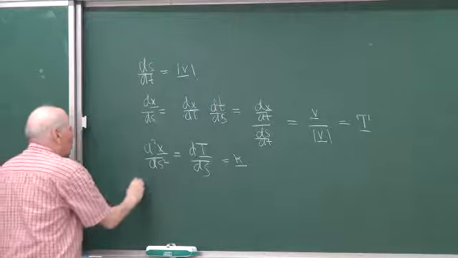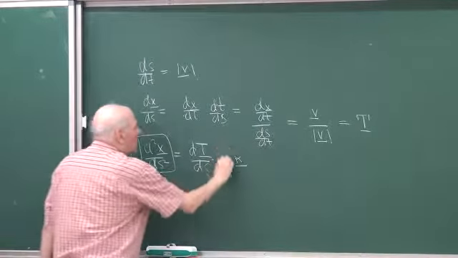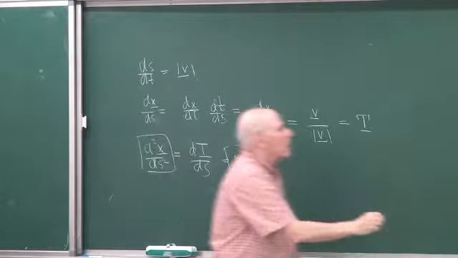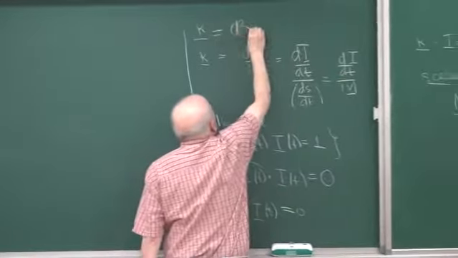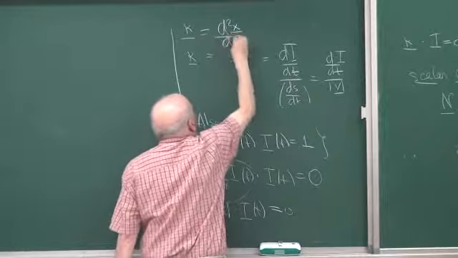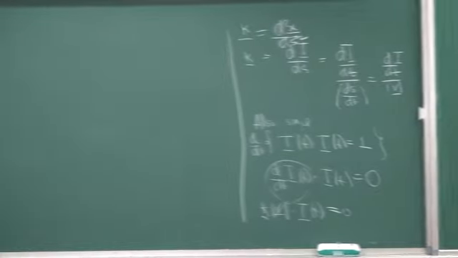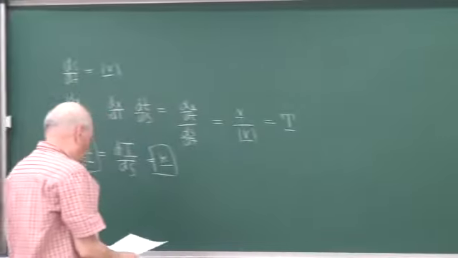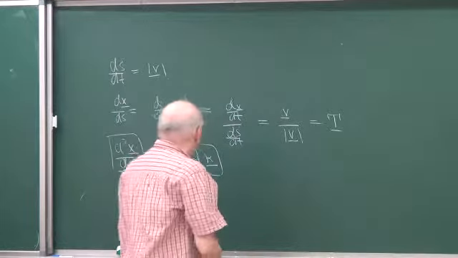So we have this nice formula: another way to define the curvature vector is the second derivative of the space curve with respect to arc length. Okay, so let's do an example.